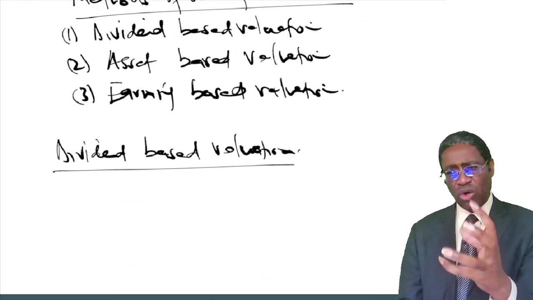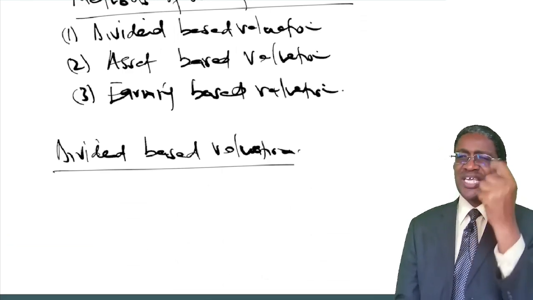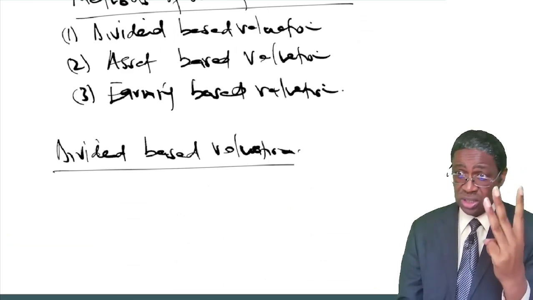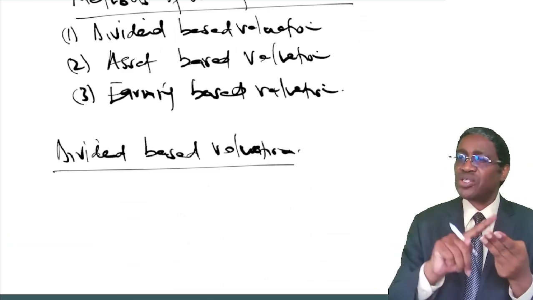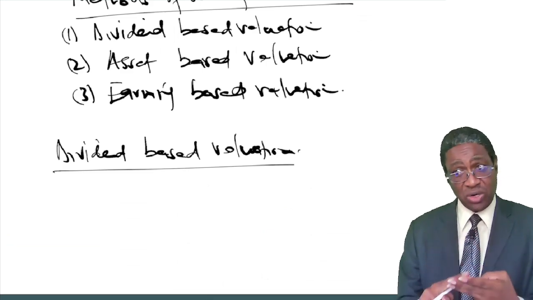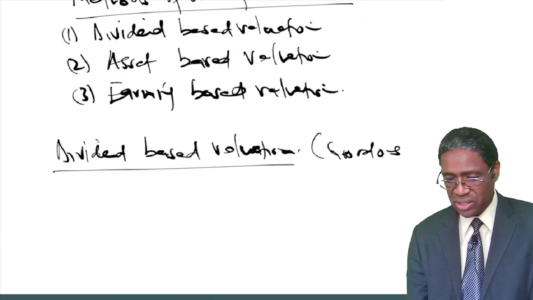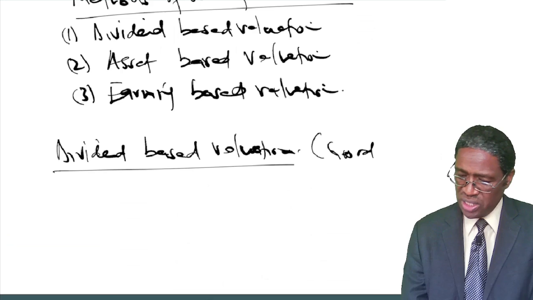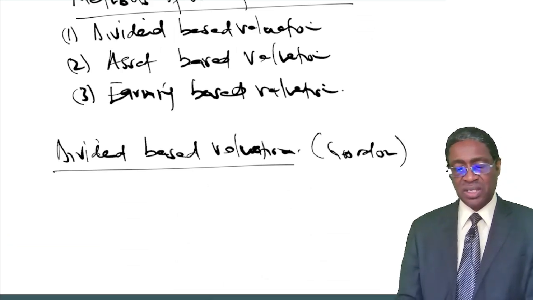And according to Gordon, he classified ordinary shares into three categories based on their dividend.